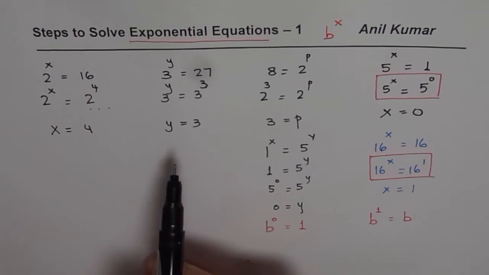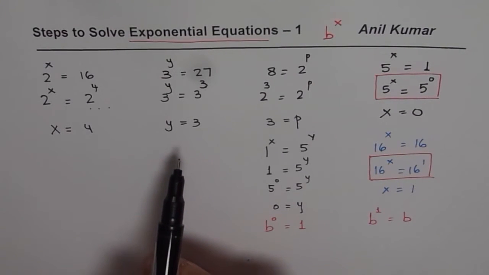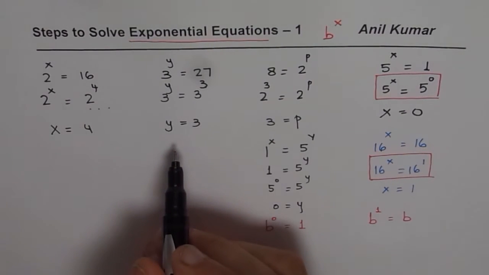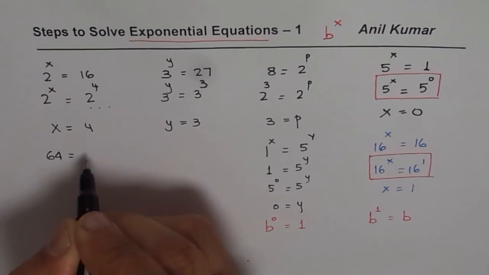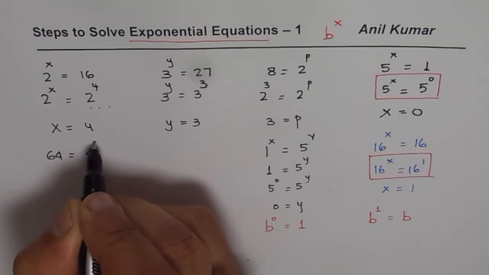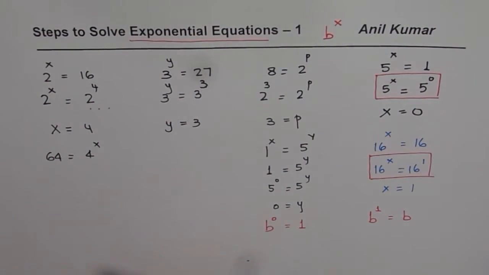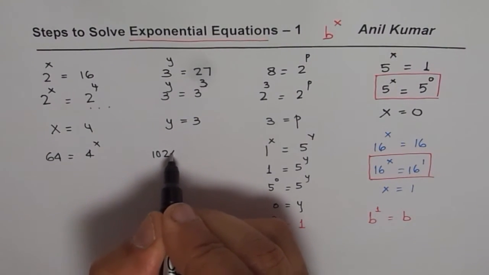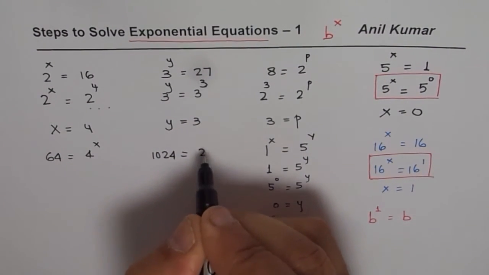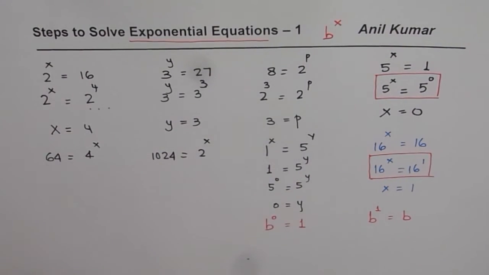So here are a few practice questions for you. Let me write some practice questions as, let us say, 64 equals 4 to the power of x, right? So you could find what this is. And 1024 equals 2 to the power of x.